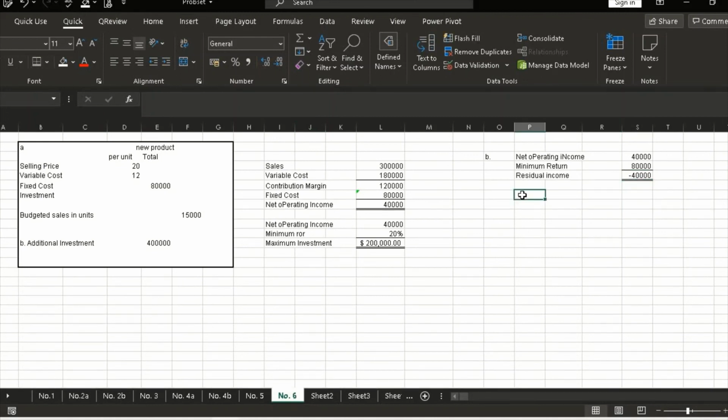In this case, the increase in sales that is attributable to the introduction of the new product should be equal to $40,000. To calculate for the required increase in unit sales of the existing product that will justify the introduction of the new product, we will divide the increase in sales by the selling price.